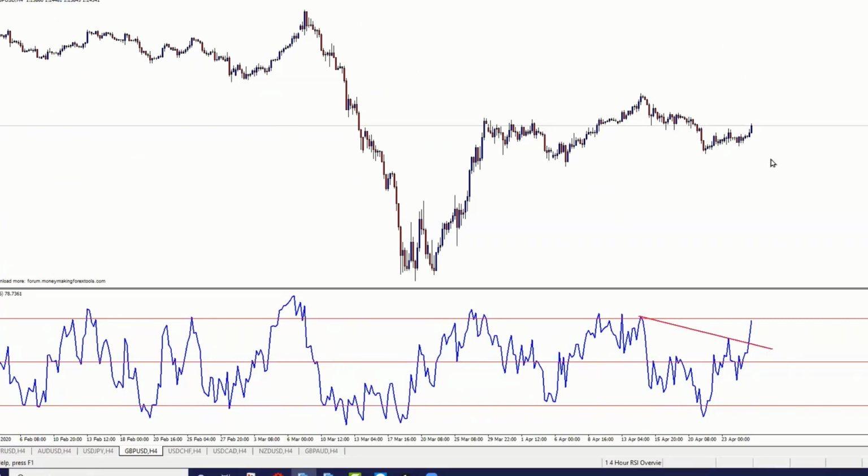There's the trend line violation. There's the trend line violation here. Again, it does stand out. If you become a fan of trend lines, you can spot things quite nicely.